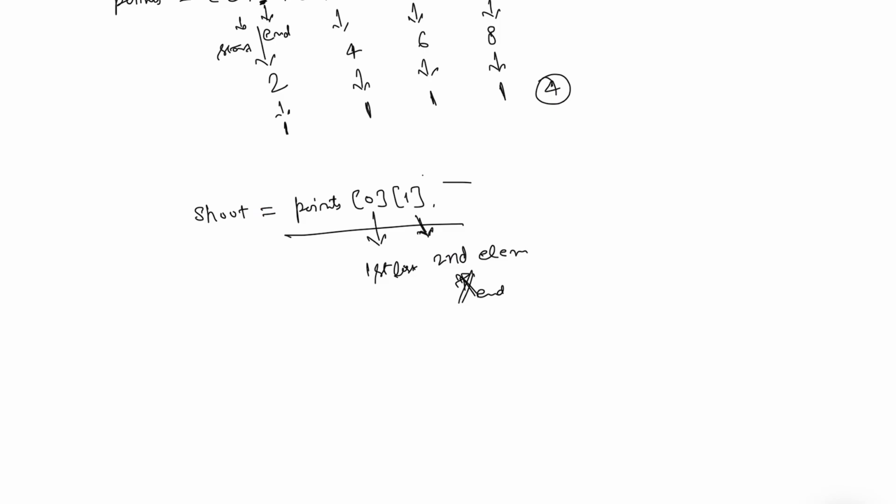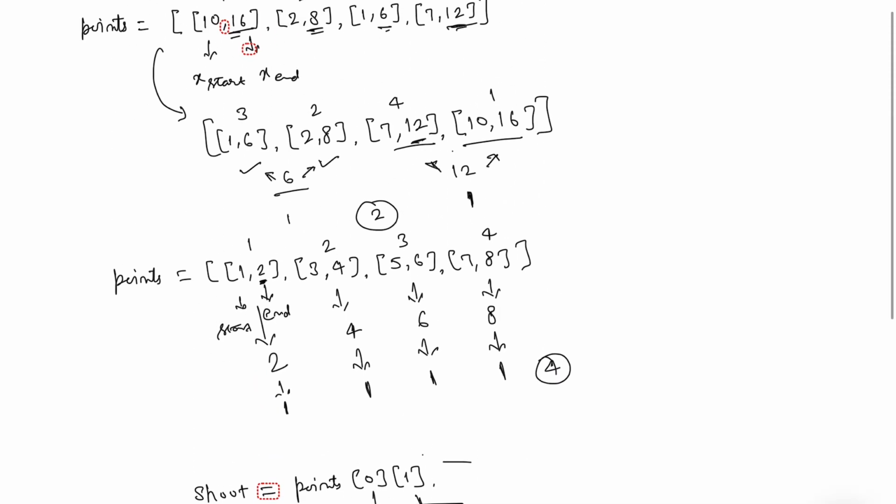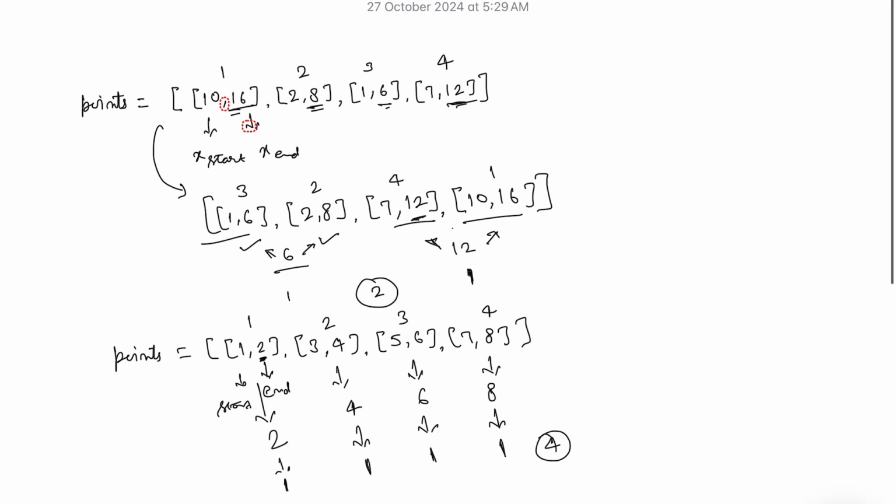So we have to compare this x end with the next list's start position, that means the next element's x start. So we will traverse all the lists like this. There are 4 lists. See, this is the first list and this is x end.